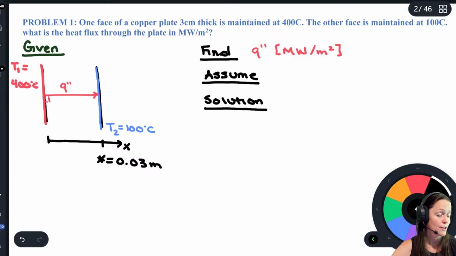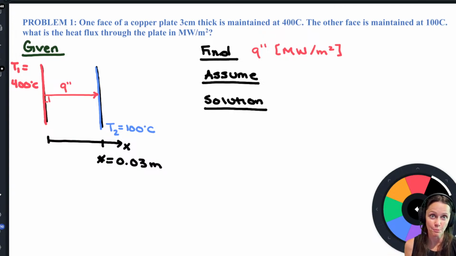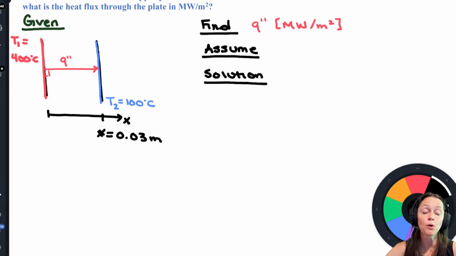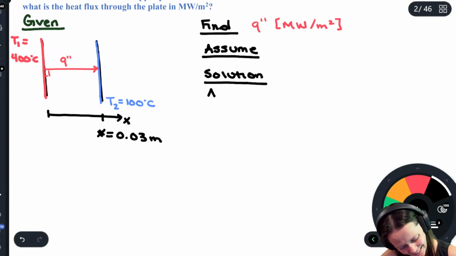All right. So clearly I've got a copper plate. It's solid, and so the mode of heat transfer is by conduction. So I'm going to apply Fourier's law. Not too difficult to guess which equation it's going to be since we've only gone over one of those equations.